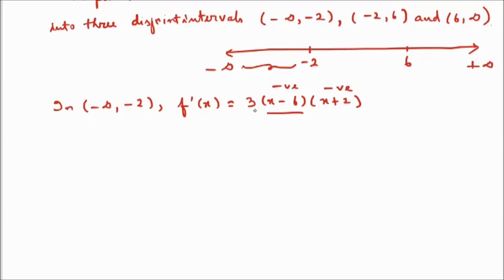So ultimately I will get 3 into a negative number into a negative number, which is positive. So I can say that in this interval, open minus infinity to minus 2, my function is strictly increasing.